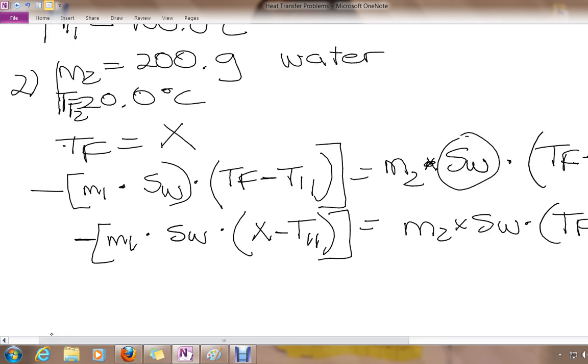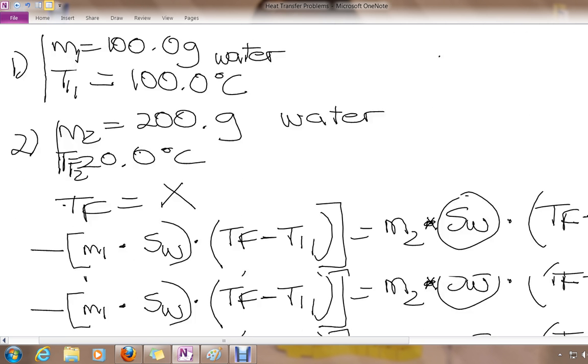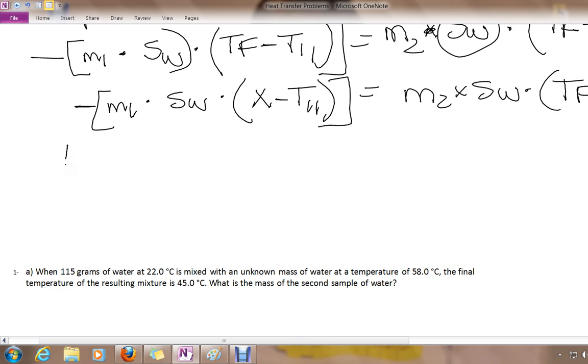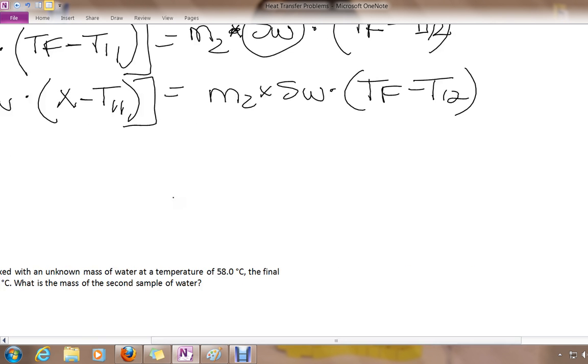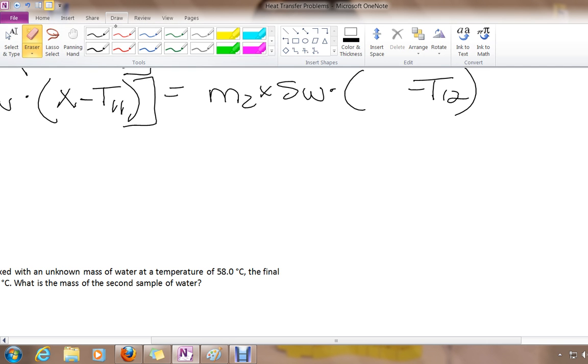What is the mass of system 1? It was 100 grams, right? So it's going to be 100.0 grams multiplied by the specific heat of water. That's what I was saying before I started to plug in the numbers: if we have two equations in which the specific heat is the same, just cancel it out.